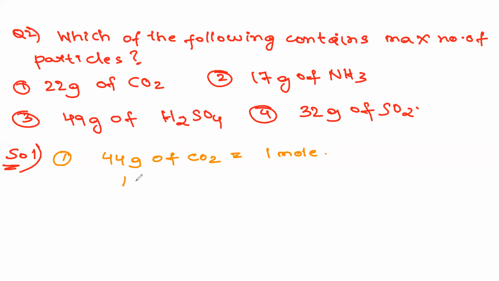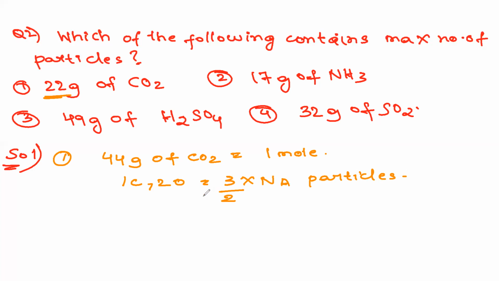So it is 3 into Avogadro number of particles. But here the quantity is 22 grams, so 3 by 2 into Avogadro number of particles. So the answer is 1.5 into Avogadro number of particles. That is solution 1.